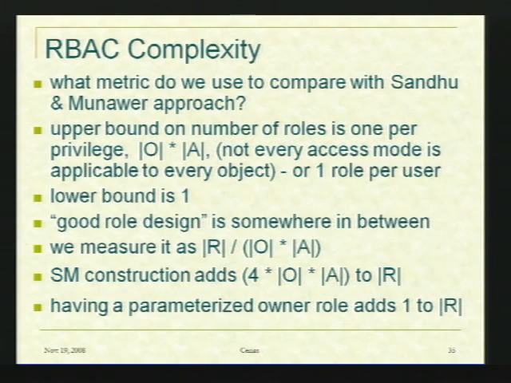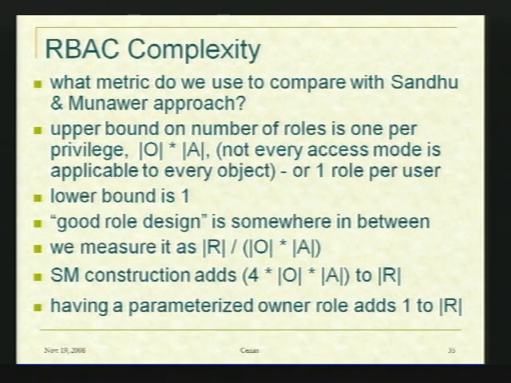So the upper bound on the number of roles is the number of permissions, or maybe the number of users. So you could argue that the role design may have a longer life than the users who come and go from a company. So we'll focus on the privileges in the role design rather than the users. And it's an upper bound because not every access mode may be relevant for every object. So different kinds of objects have different kinds of access modes. We could just have one role, but that's not very useful. So the right answer is somewhere in between, right?